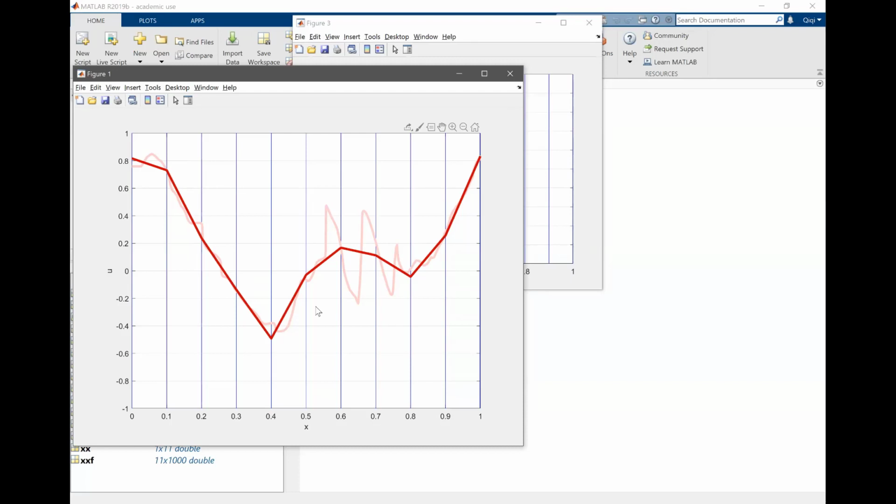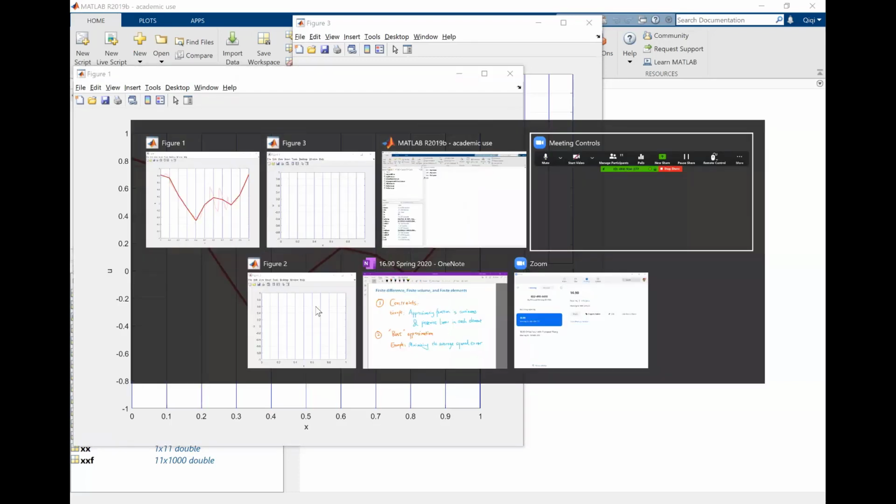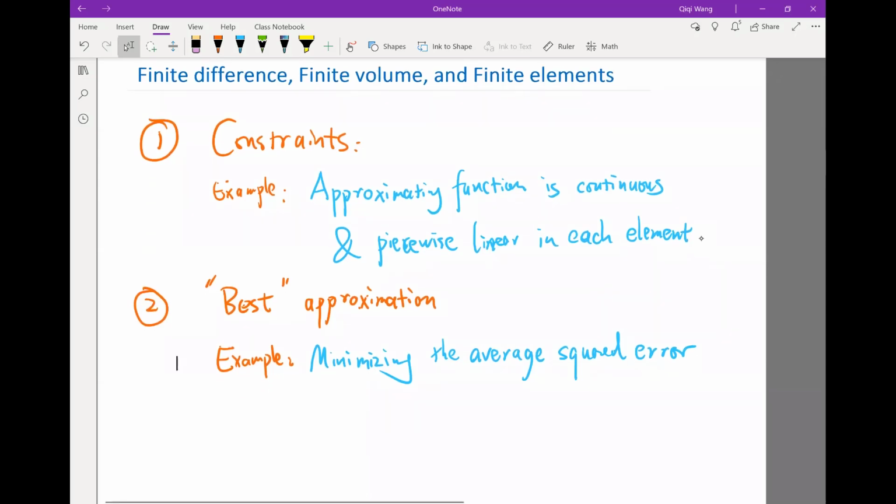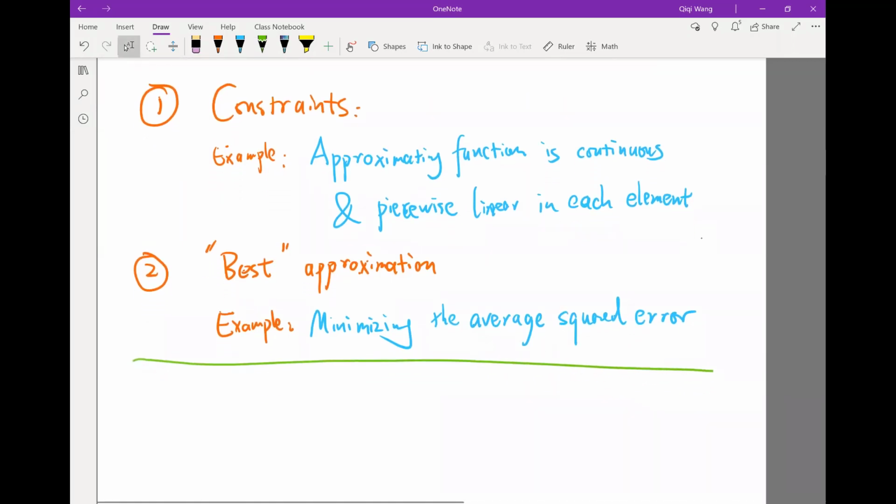Okay, so let me just put the example into a more solid mathematical footing. Let's continue on this example and figure out what we can do to obtain a finite element approximation.